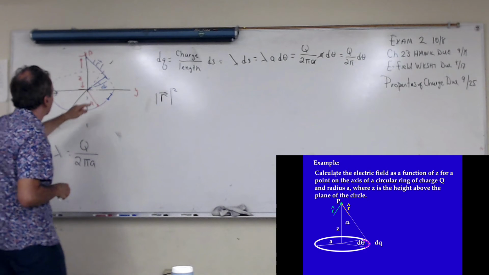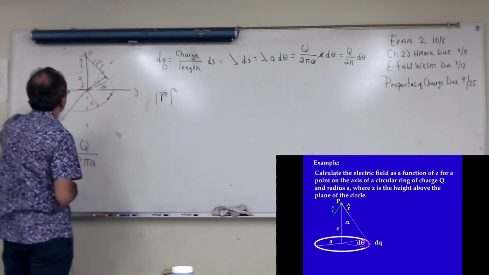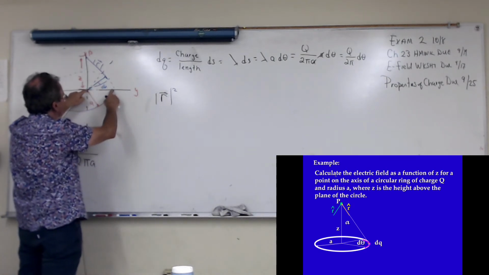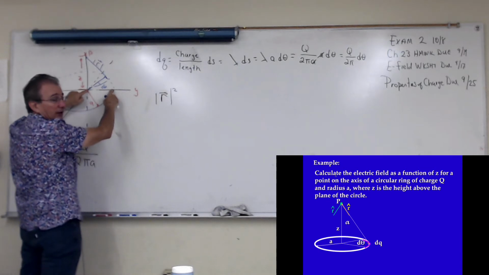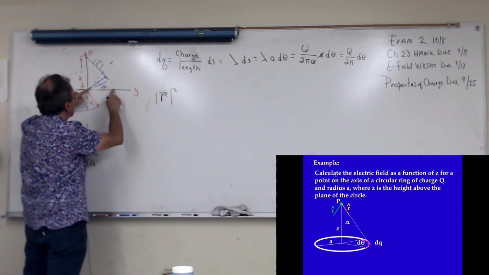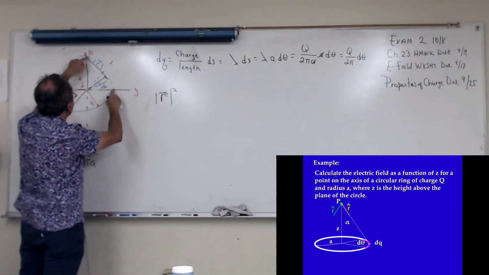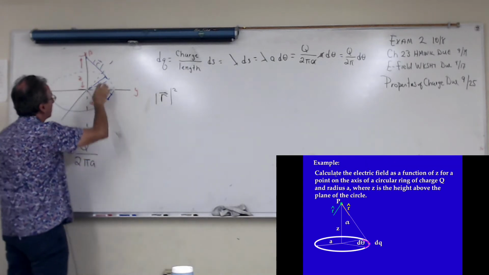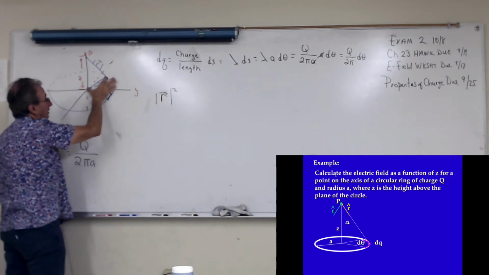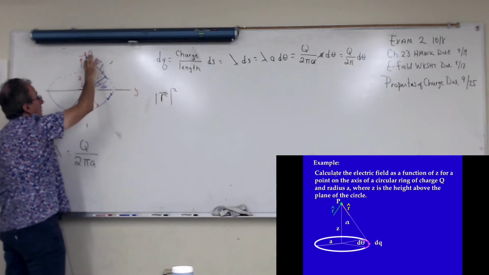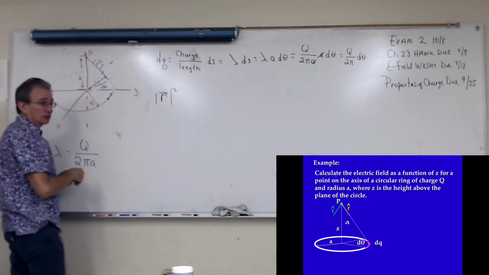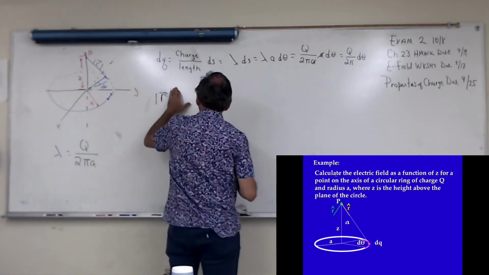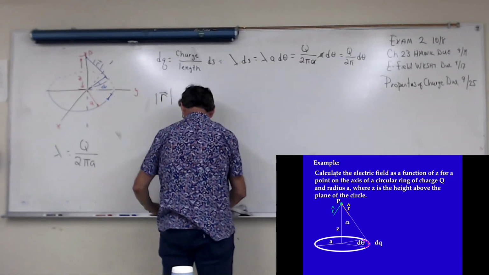Its length is the same all the way around, because this distance is the same all the way around, and the distance from the center of the ring to the ring itself is always the same all the way around. So this distance I can get from the Pythagorean theorem. It's this squared plus this squared, and then take the square root. So the magnitude of that vector is this.